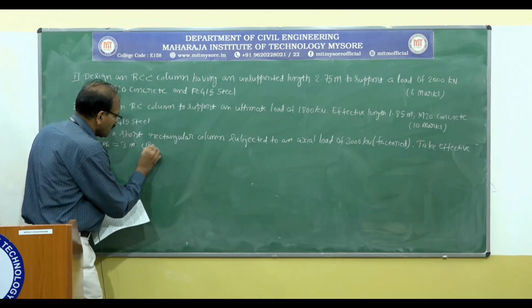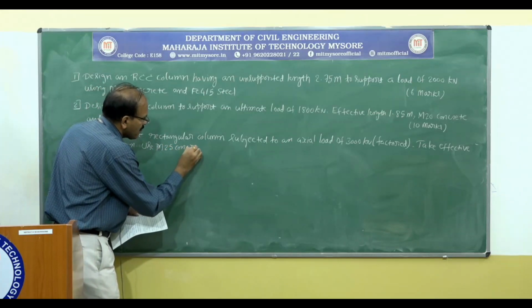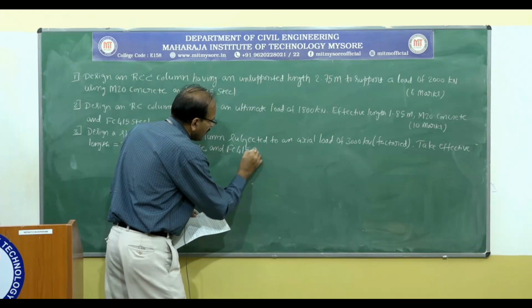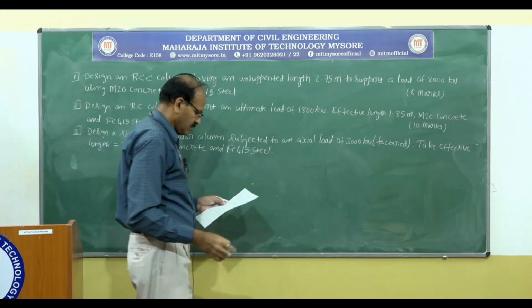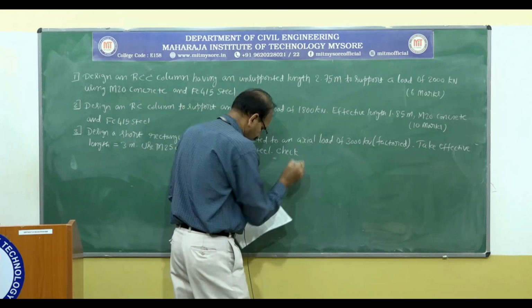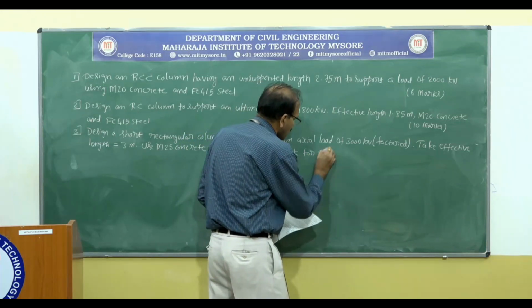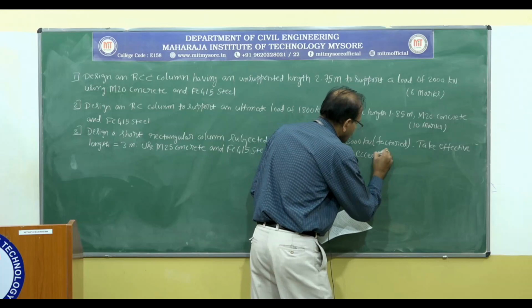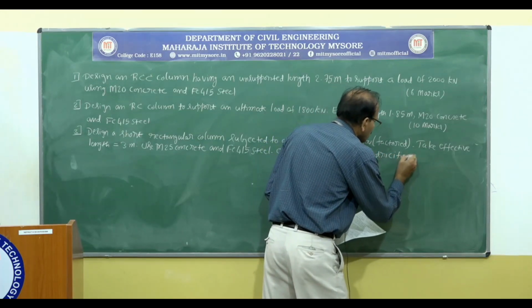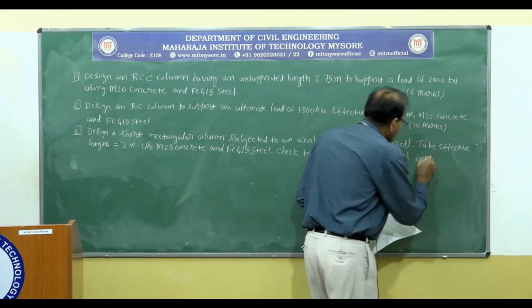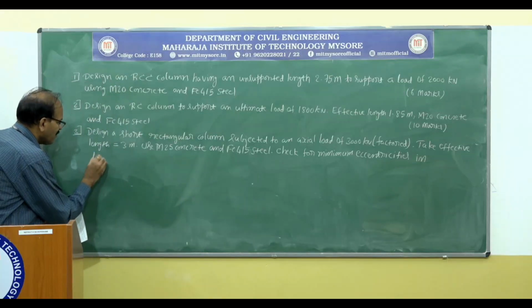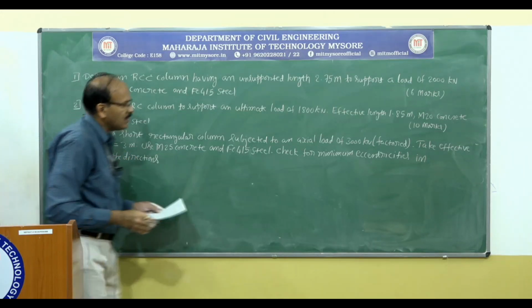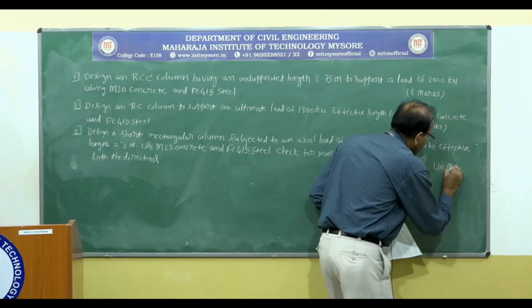Use M25 concrete and Fe 415 steel. Check for minimum eccentricities in both the directions. This problem carried 10 marks.